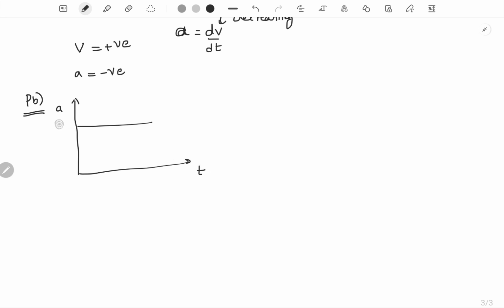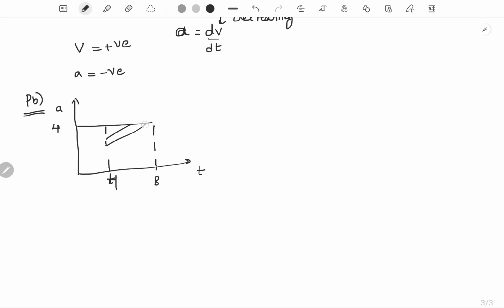Let's say acceleration is 4 meter per second square. Everything is represented in SI units, so I wouldn't be writing the units. Now our intention is to calculate the change in velocity of the body during the interval of time 4 to 8 seconds.